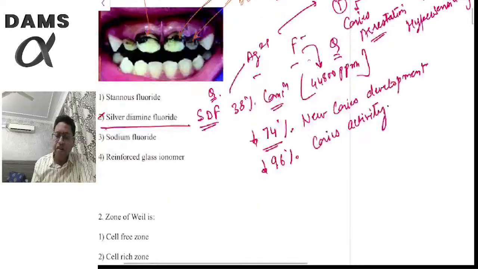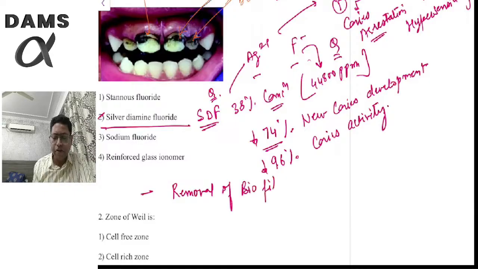Now, how is it done? Application is done after removal of the biofilm. We know that whatever carious lesions or even tooth surfaces are there in the oral cavity, they are covered with dental plaque or biofilm.